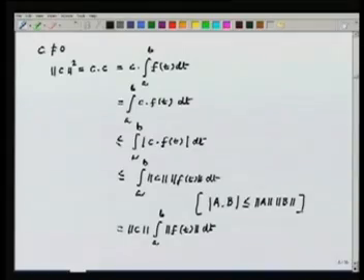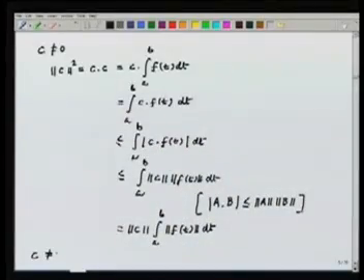Since I know that c is non-zero, that means norm c is strictly positive. c not equal to 0 implies norm of c is positive, it is bigger than 0. That means I can cancel this norm c from both sides of the inequality because it is a positive number.